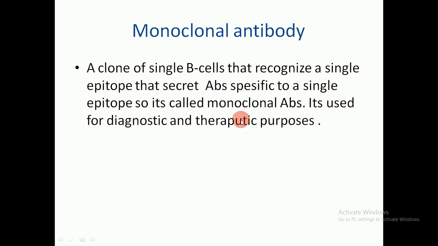And some countries synthesized monoclonal antibodies against the ACE2 receptor of COVID-19 and used them to treat patients with COVID-19. And thank you.